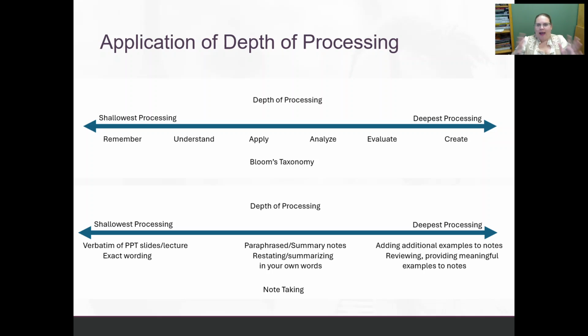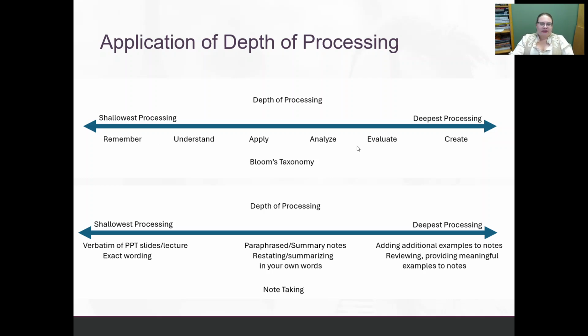You have this flow, this flux, right? So we have remember, then understand, apply and analyze. We really like to think that apply and analyze is in the middle. On the other hand, create is the deepest type of processing information, or in DOK, extended thinking.